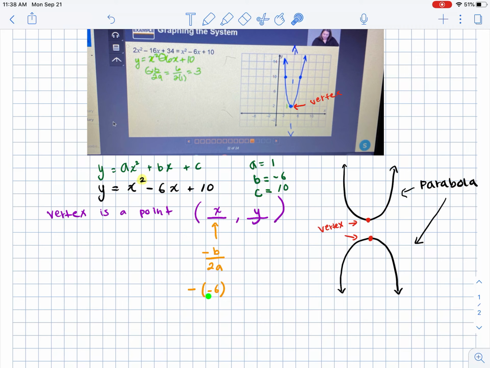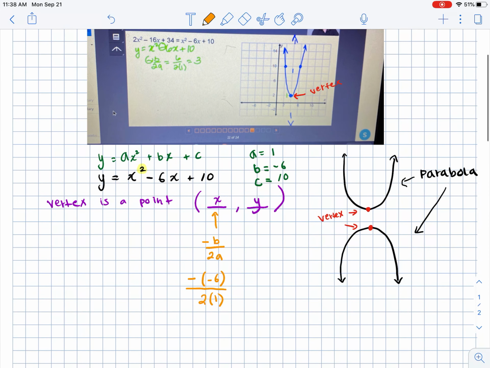I didn't ignore one of them, I kept both of them. So the negative in front of the b, and then the -6 for the b, all over 2 times a, which is 1.